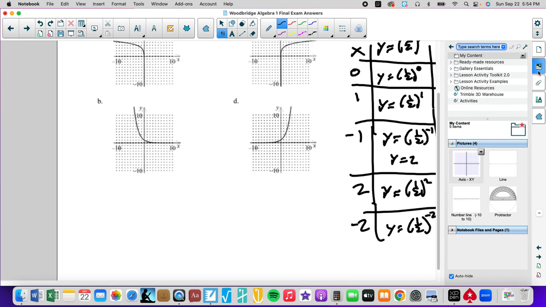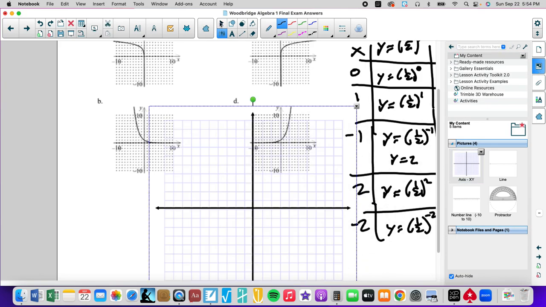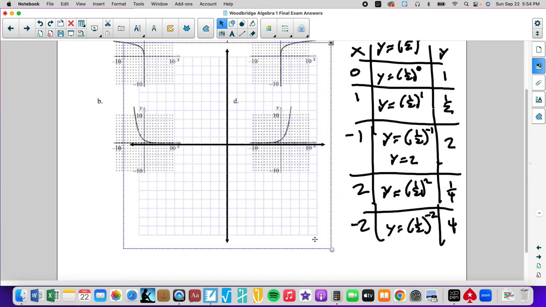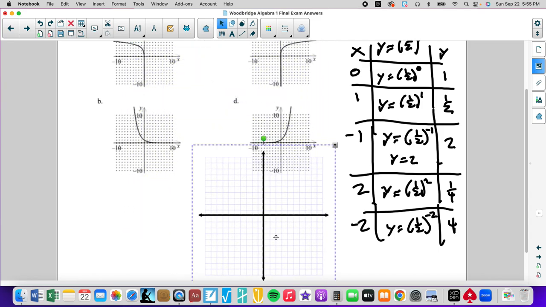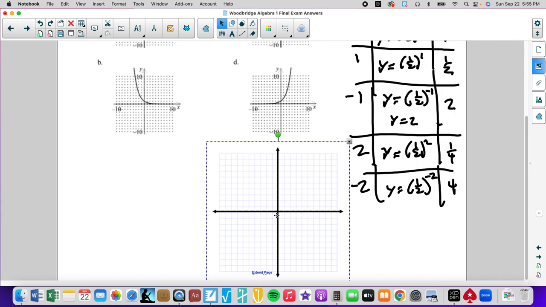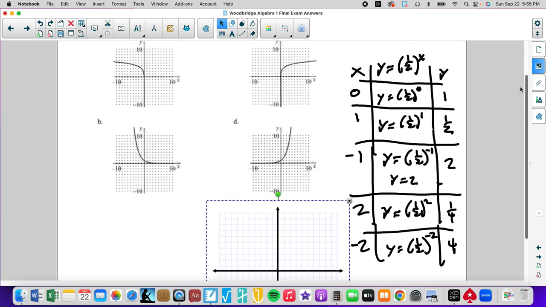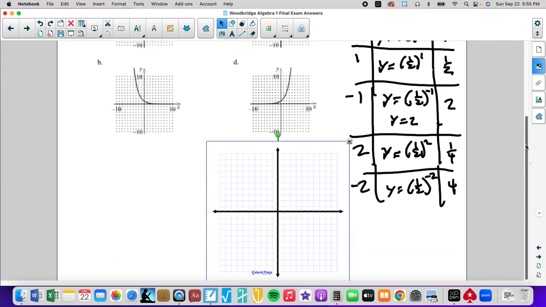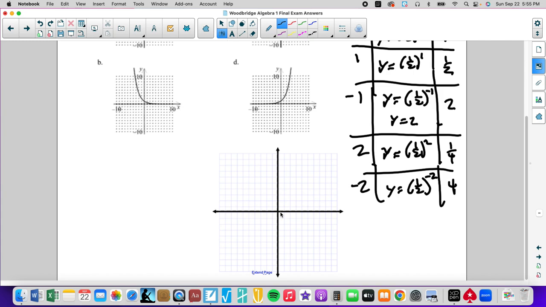So let's take a graph. Let's see what that's going to look like. What is that graph going to look like if I plot these points? So my first point is 0 for x, 1 for y, looks like that.